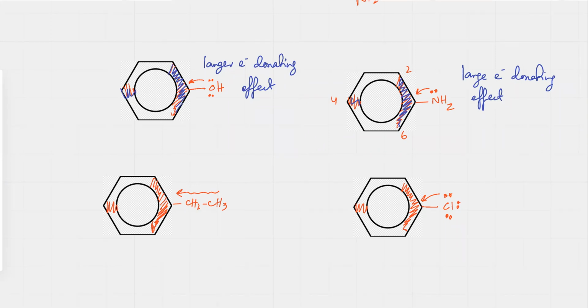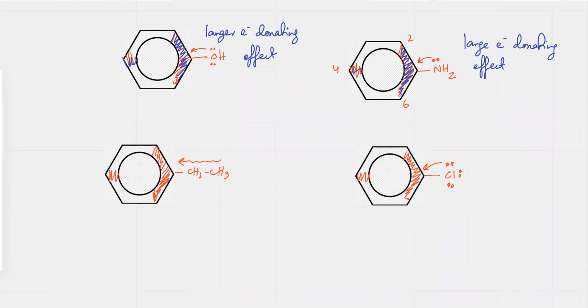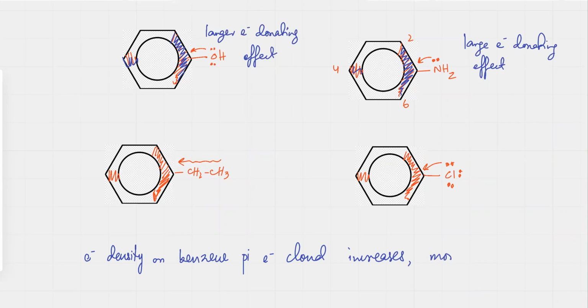This is known as an activated benzene ring. In all cases, electron density on benzene increases. Pi electron cloud, it increases, in all 4 cases. And if the pi electron cloud density increases, there's going to be more attraction for electrophiles.